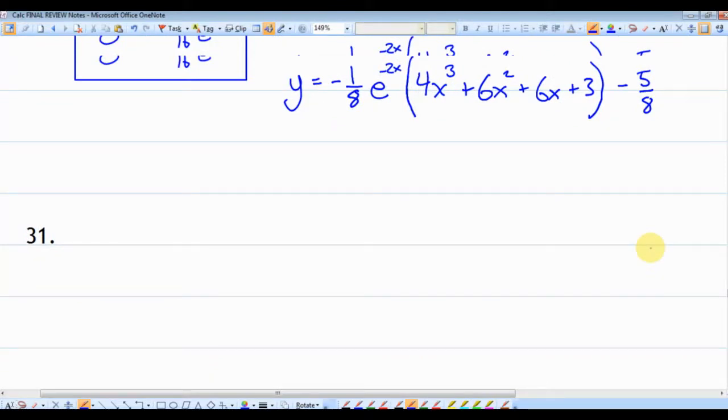31, dy/dx. So kind of the same thing again, right? dy/dx equals x plus 2 sine x.